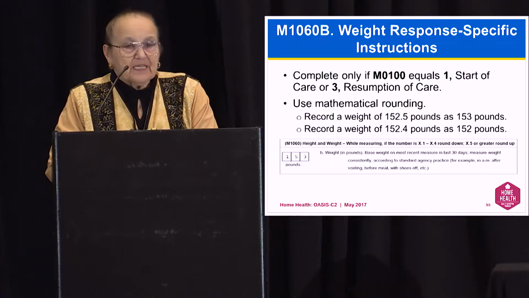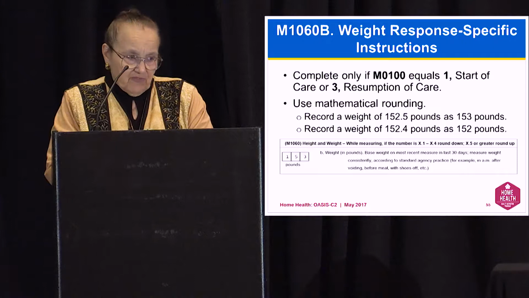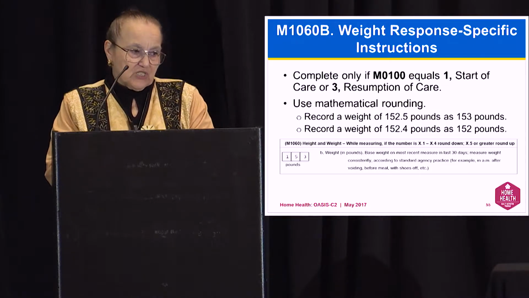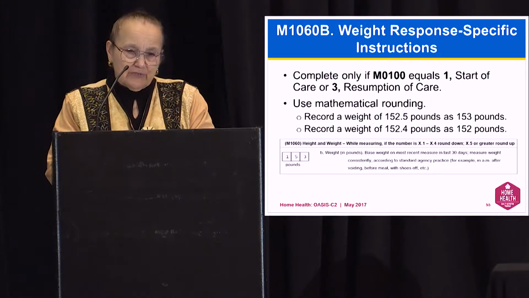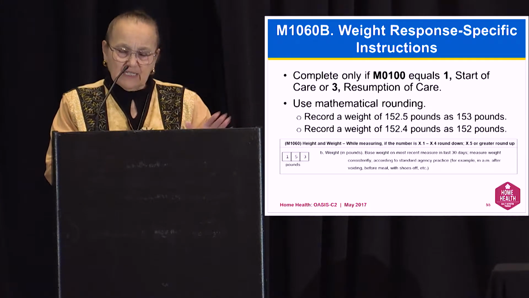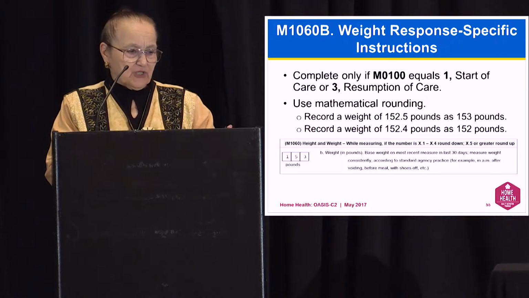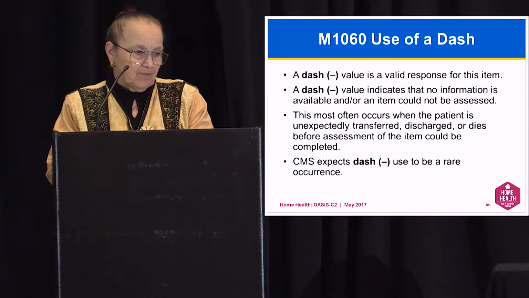You're going to complete this again if your M0100 equals start of care or resumption of care, 1 or 3, using mathematical rounding, whole numbers, and entering them in this box as is shown on this slide.